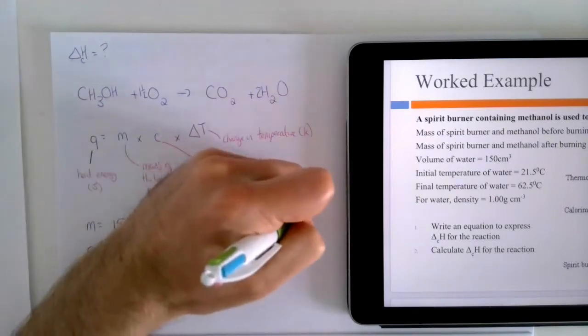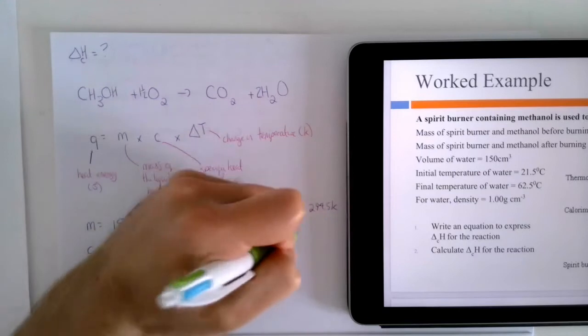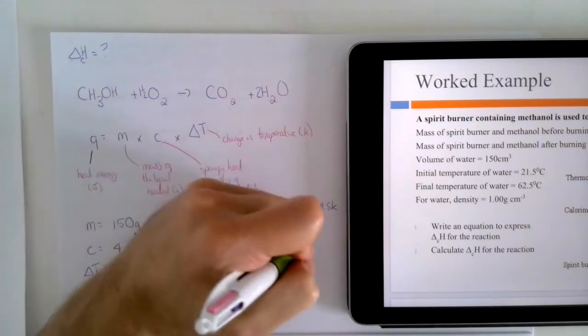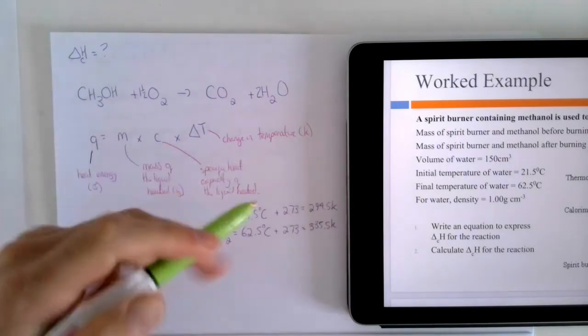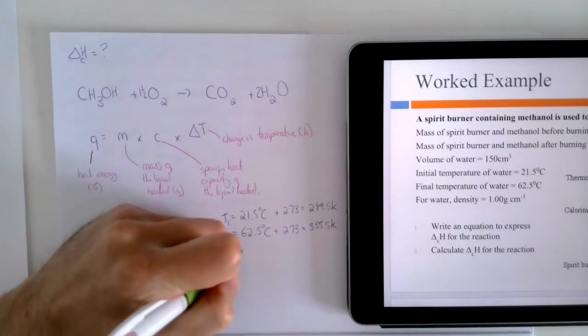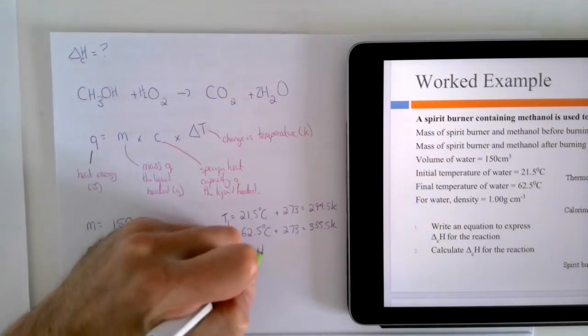This one gives us 294.5 Kelvin, and this one gives us 335.5 Kelvin. So we're going to work out the change in temperature. The change in temperature in Kelvin, 335.5 minus 294.5, gives you 41 Kelvin.